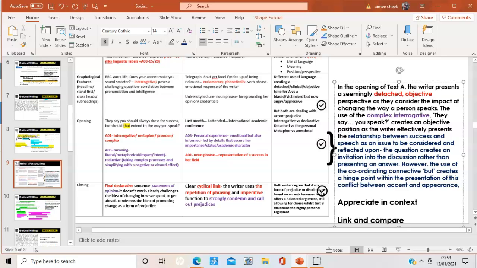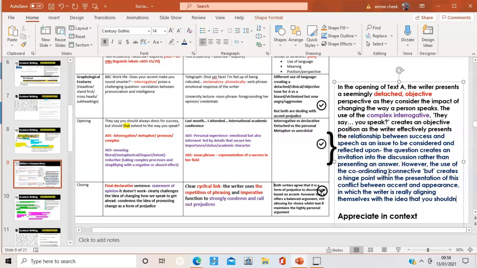We've used positioning, in which the writer is really aligning themselves with the idea that you shouldn't be judged on how you speak. Brilliant.